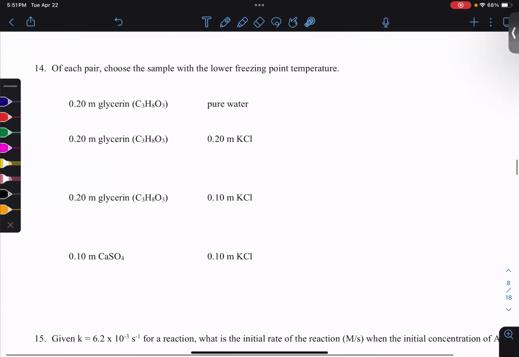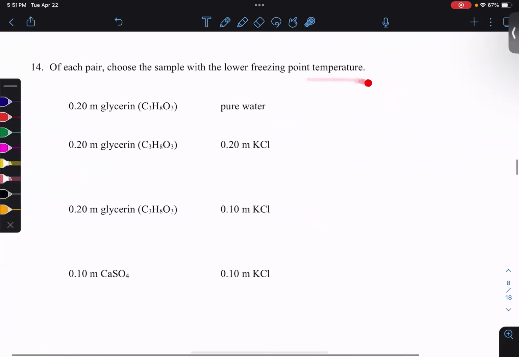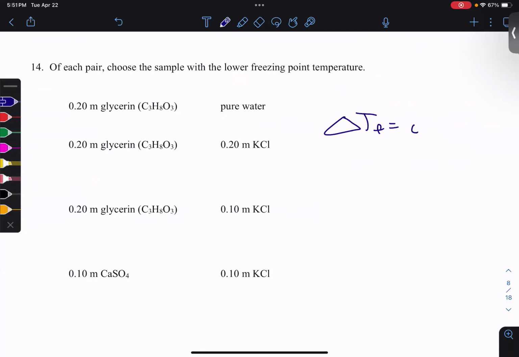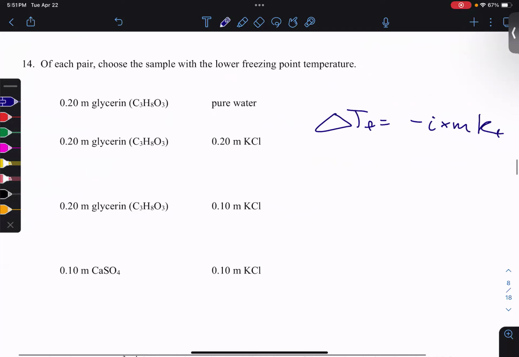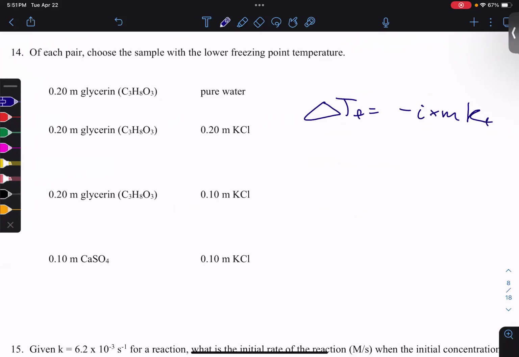Okay, so of these pair, choose the lower freezing point temperature. So negative i times m times KF. We don't have to calculate a thing. So if I'm asking you the lower freezing point temperature, what kind of i times m are we looking for? Big, yes. Low freezing point temperature means lots of particles are dissolved because that's what's going to lower your freezing point.